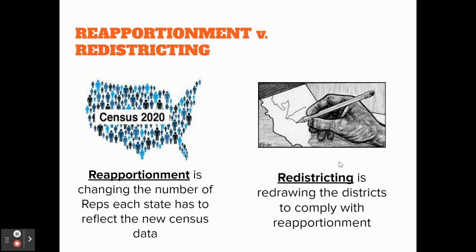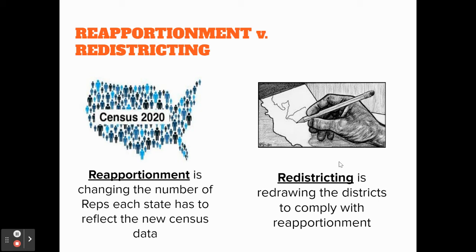Once we determine that there are certain states that are going to be getting an additional rep or two, or some states that may be losing a rep or two, we have to redraw those districts that we just looked at. If a particular state has 15 congressional districts, but because of reapportionment they now will have 16, they're going to have to redraw their congressional districts.